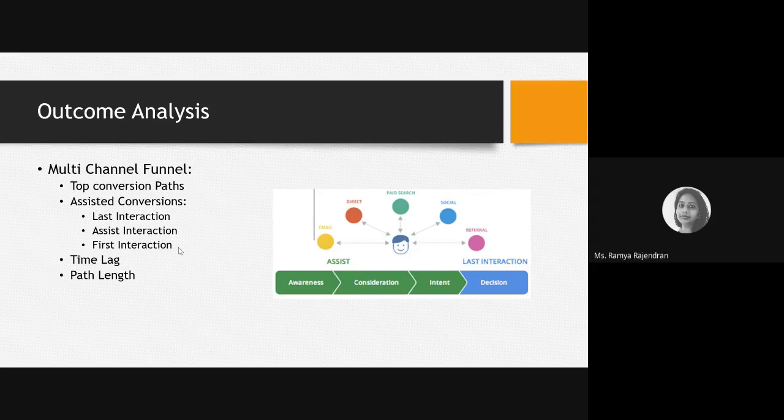So that's where this metric of top conversion paths comes into place. These are the four metrics: top conversion path, assisted conversions, time lag, and path length, which are used when companies use a multi-channel funnel. It can be direct, paid search, if they're using Google AdWords, and then referral marketing, affiliate marketing, email marketing, and social media, everything.